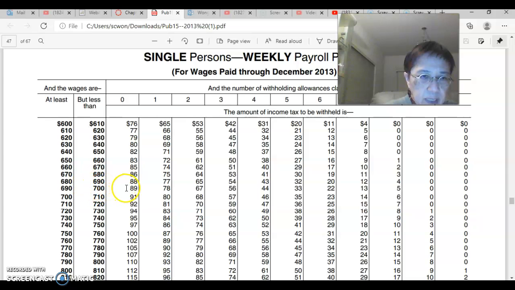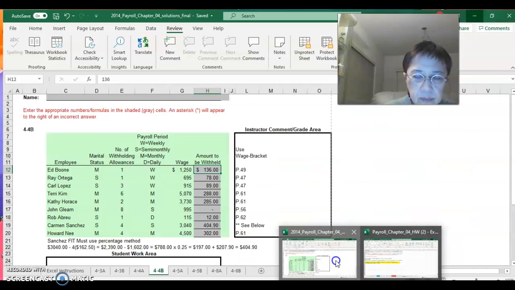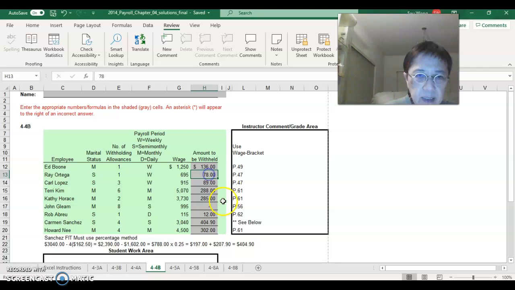You know, this line. And his withholding amount is 1, so it's $78 for the federal income tax withholding. 78. Okay. Let's do Carl.